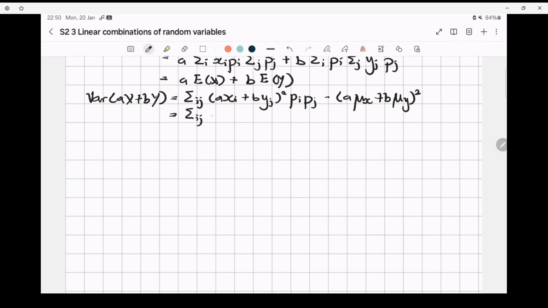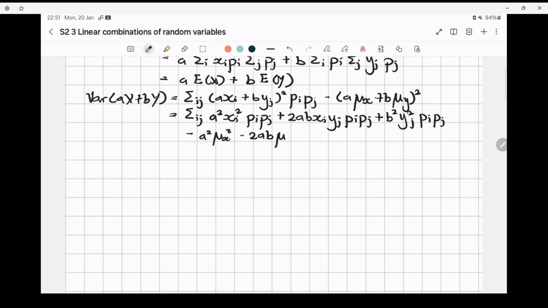This will be a squared xi squared pi pj plus 2ab xi yj pi pj plus b squared yj squared pi pj, minus, expanding the whole thing, a squared mu x squared, minus 2ab mu x mu y, minus b squared mu y squared.